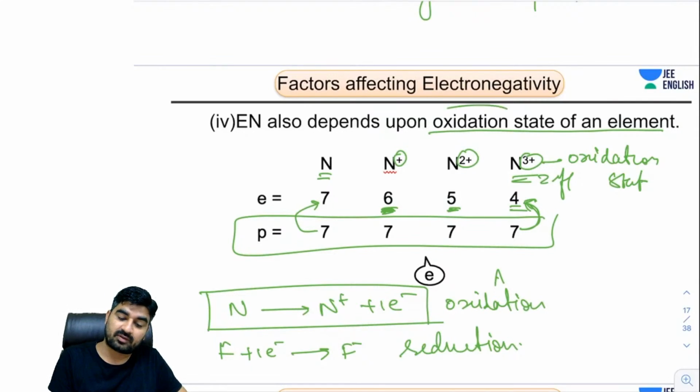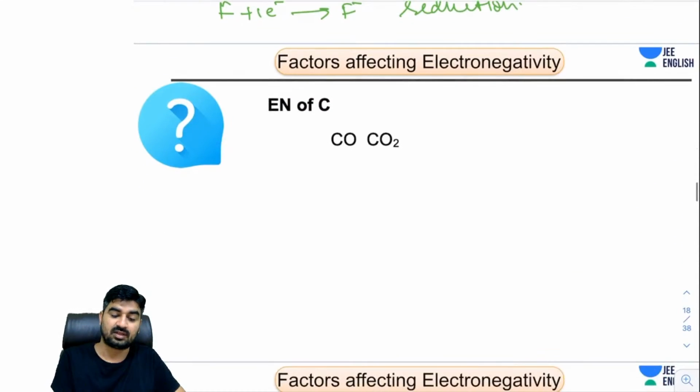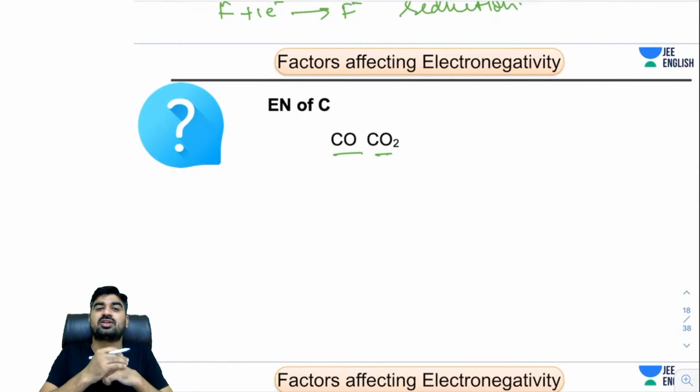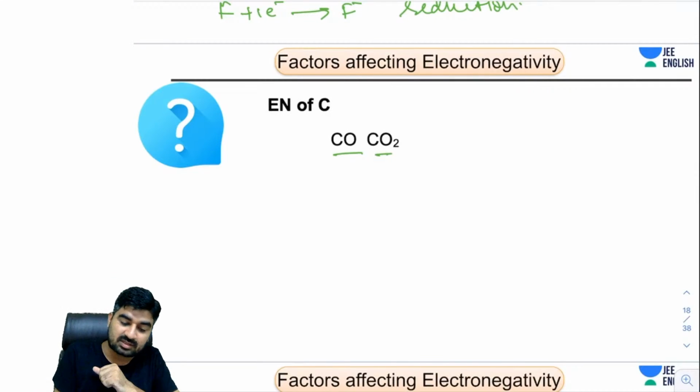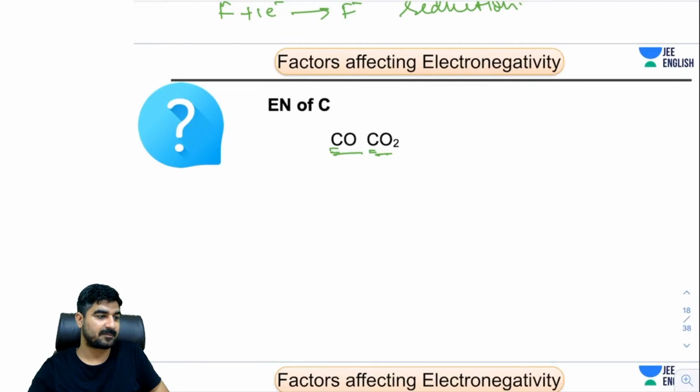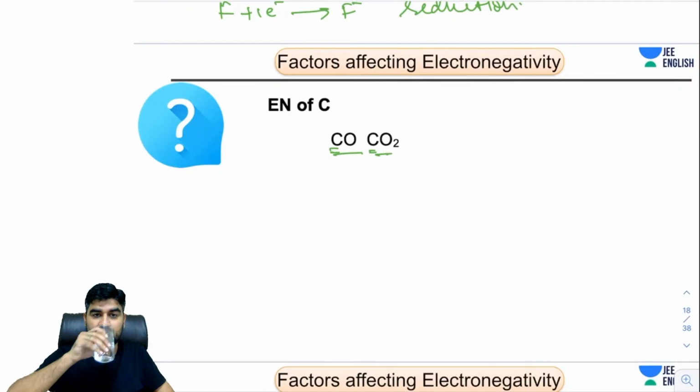So electronegativity depends upon the oxidation state. As oxidation state increases, electronegativity also increases. Note it down. Now tell me, Cu and CO2. There is carbon in Cu and carbon in CO2. Now which will have higher electronegativity? Tell me.